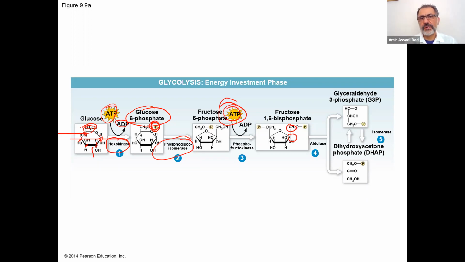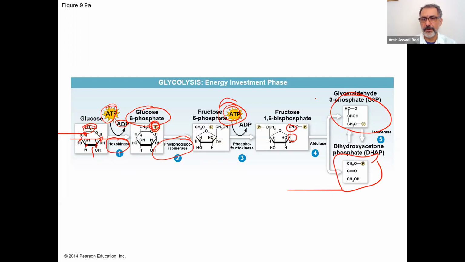Then fructose 1,6-phosphate breaks down to glyceraldehyde 3-phosphate and dihydroxyacetone phosphate. This molecule is different than this molecule; they're isomers.